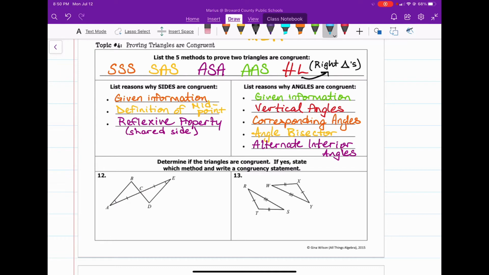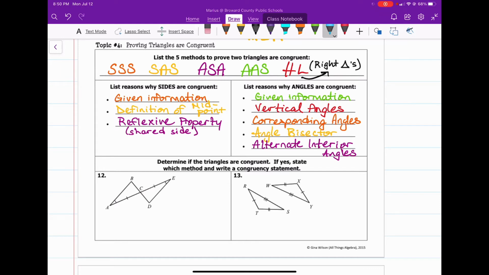Now, for the reasons why angles are congruent, once again, given information. Next, vertical angles are congruent. Corresponding angles are congruent. An angle bisector splits one angle in half, and the 2 sub-angles that result from that split are both congruent.